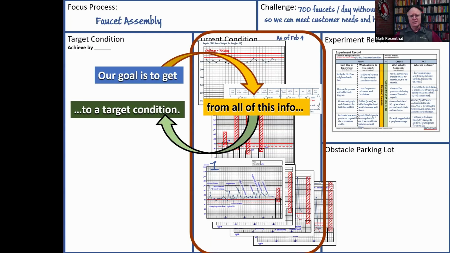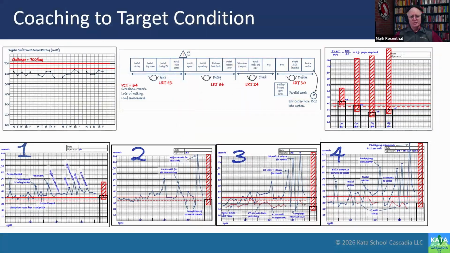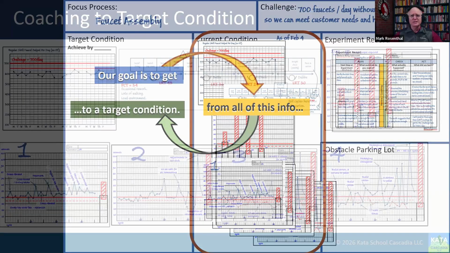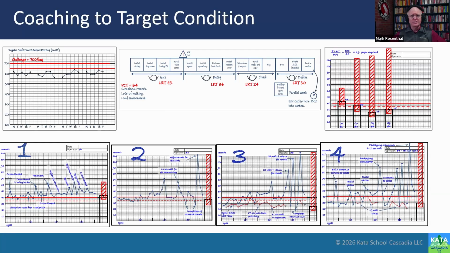Really, the target condition is where do we want to go next. That's what it's about. I've laid out all that information in one big slide here. What Maria's going to do is walk me, the learner, through getting this information to the target condition that we established as a given in the last couple of episodes.